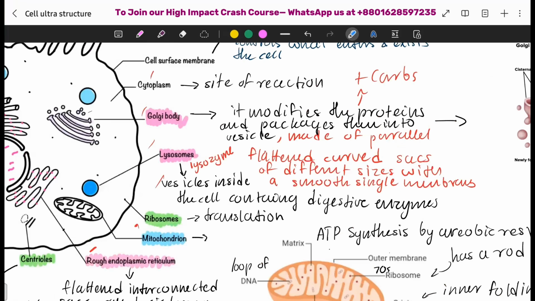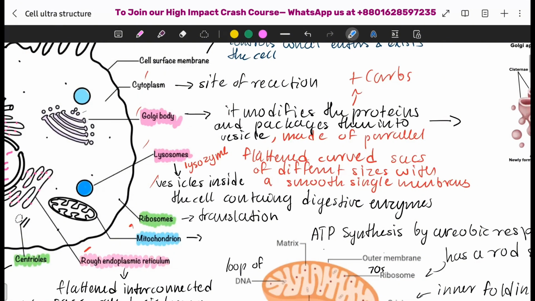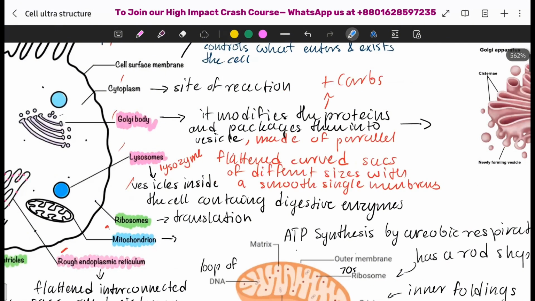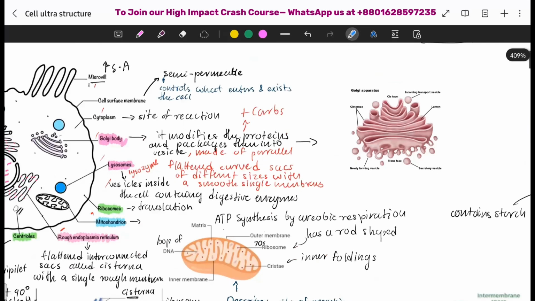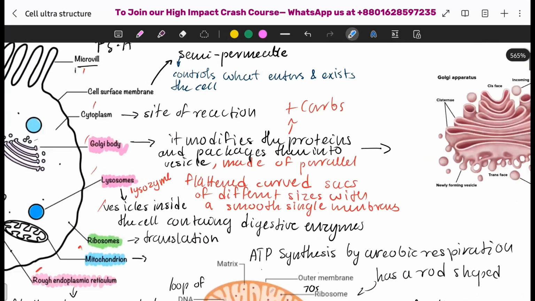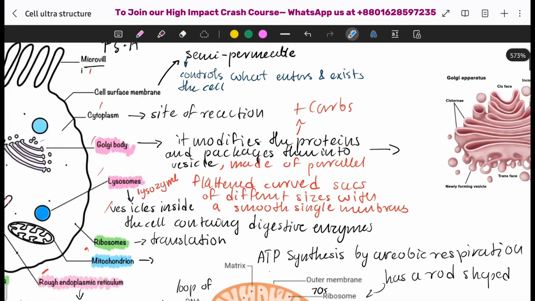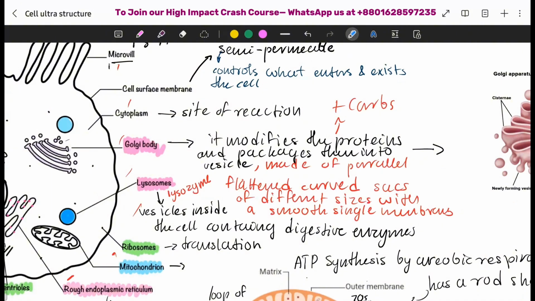It will package it into a vesicle, and then transport it to other parts. That is the Golgi body. It's also made of flattened curved sacs, but they're parallel. They have different sizes with a smooth single membrane.